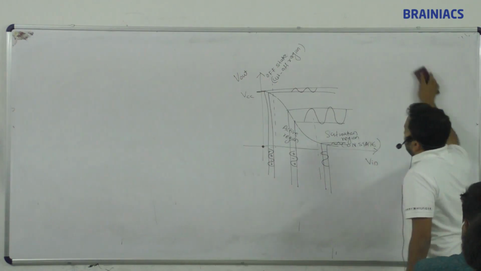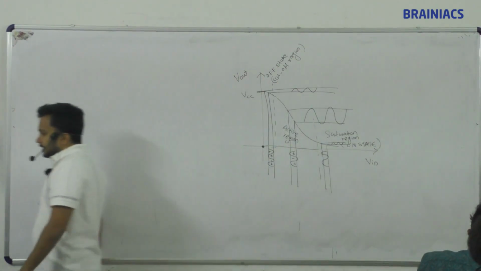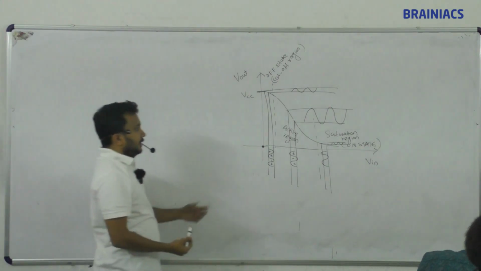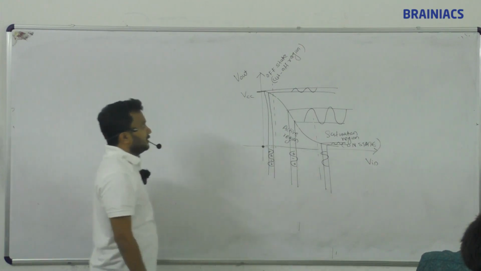Okay, already the DC signal is there. So the DC signal graph is there. So we are adding AC to this one. So this is what is happening.